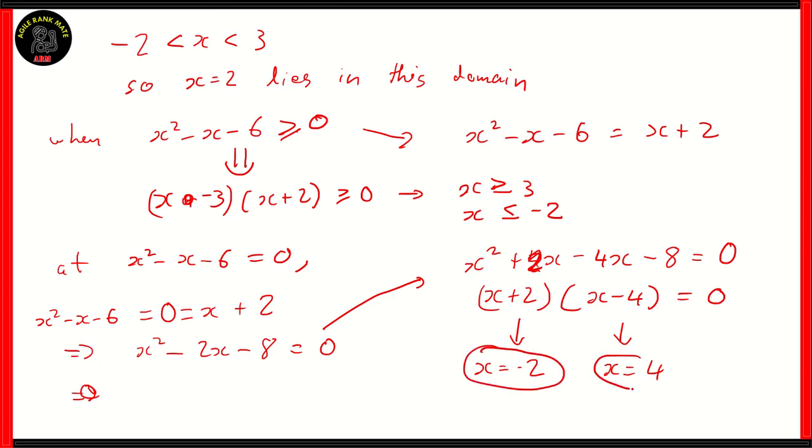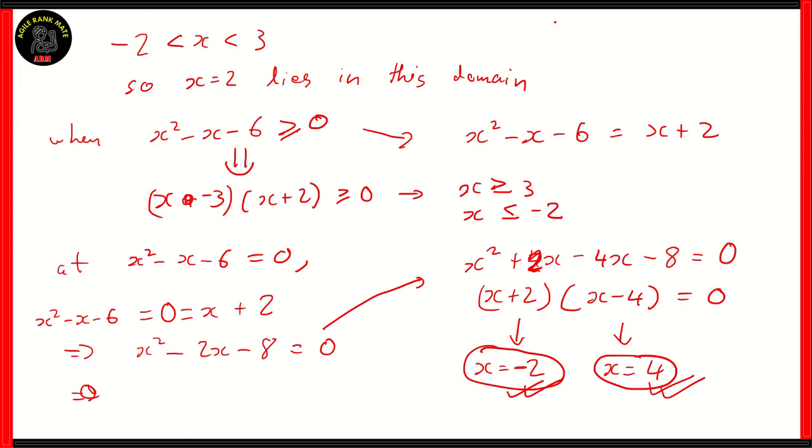Now we know that for our second scenario, x can be less than or equal to minus 2, so therefore this solution holds, and x equals 4 also holds because it's greater than 3.